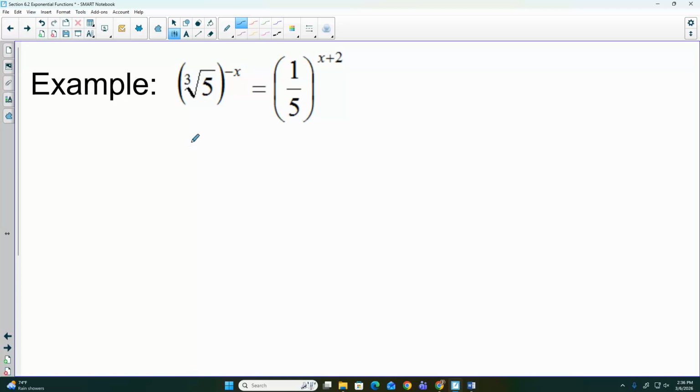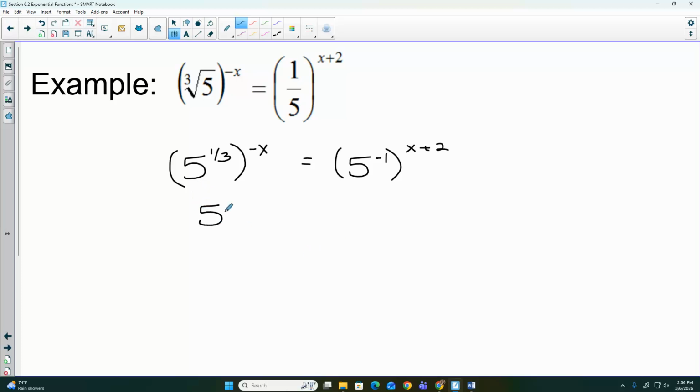All right, what would my common base be on these? 5. How would I rewrite the cube root of 5? How would I write 1 over 5? 5 to the -1 power. Negatives, put it on the bottom.